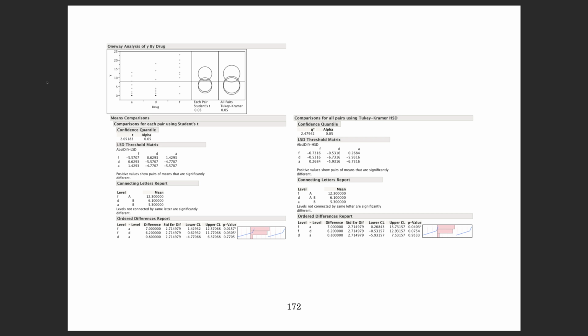The difference between drug D and the placebo is 6.2 on average, standard error of 2.7. So the 95% confidence limit goes from plus 6 up to plus 11.8. So that again doesn't include 0, so the observed significance level is about 3%.